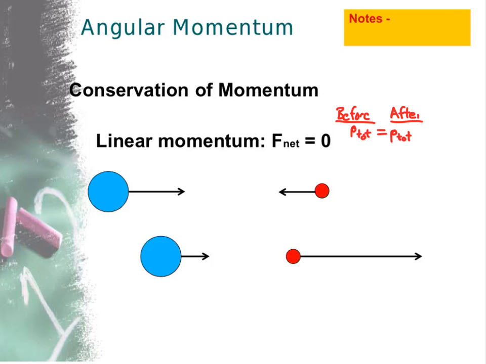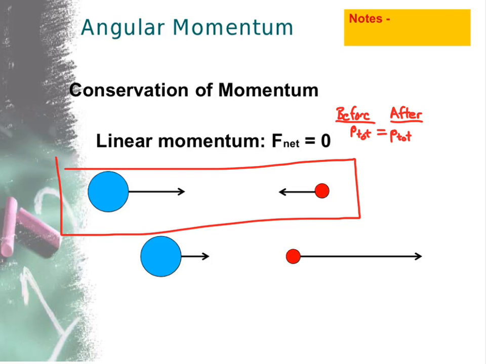So when you have, for instance, one case might be a collision with linear momentum, where you have a situation of before. So this is before the collision.